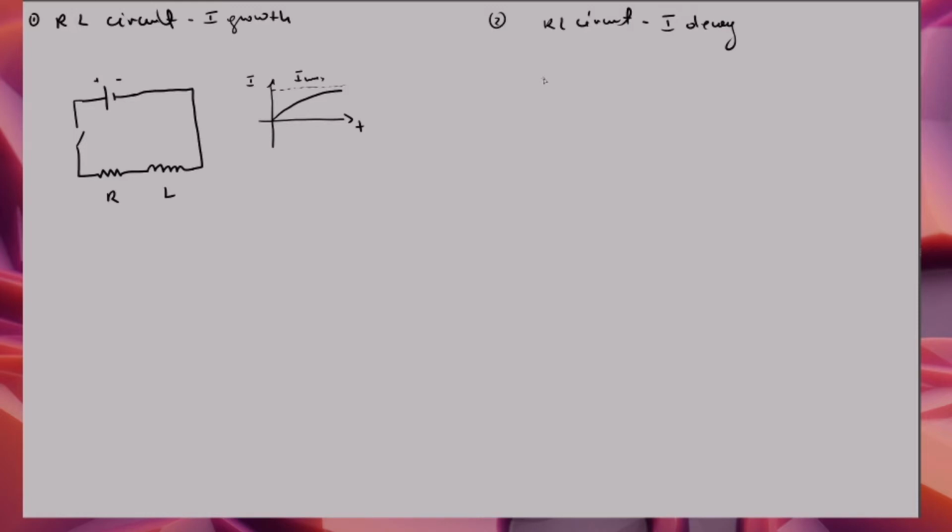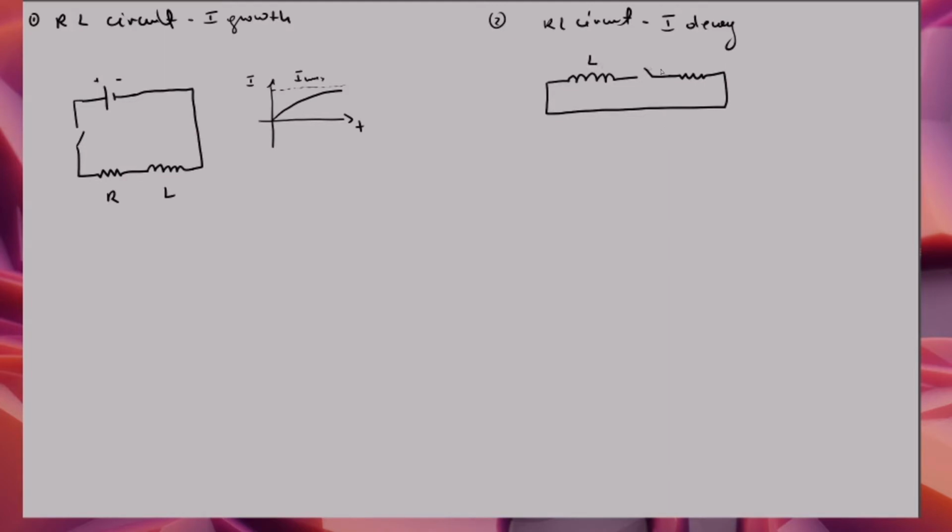Yeah, okay. So it's just going to be an inductor and a resistor. So you're going to have an inductor. Now this inductor will have a magnetic field on the inside. There's going to be some kind of a switch and then some kind of a resistor somewhere out here. And then let's just make sure that this is a closed circuit here in that sense with a switch open.